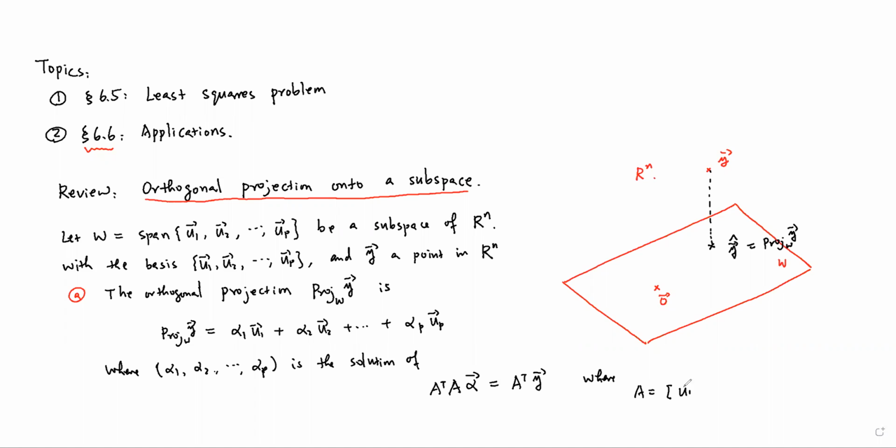First column is U1, second column U2, and UP. Yeah.